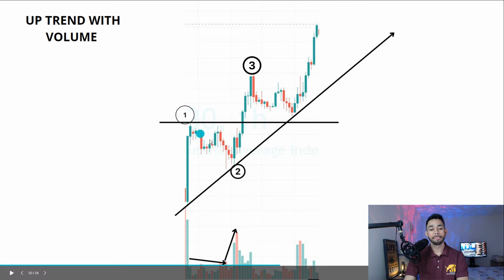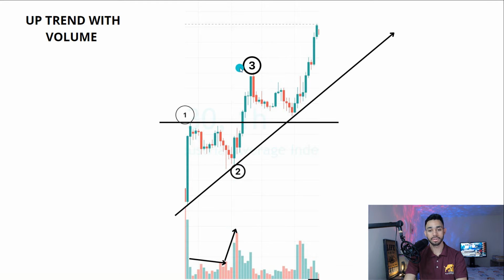And then the correction phase has pretty much stable or lower volume. As you can see, in our correction phase, which is number 2, we have pretty low or stable volume. And then on the third, the volume increases one more time before we get into number 3.